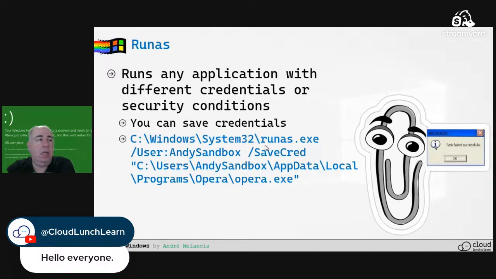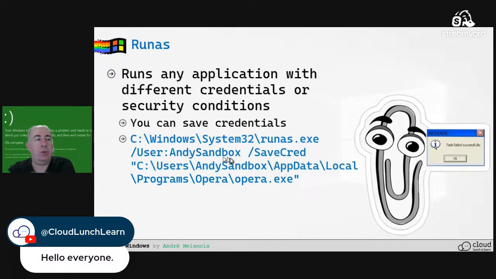As always, it's a good idea to put the full path, because if you don't, and you have something else in the path before called runas, you're going to execute that one first, and that could be something trashy. So you always put the full path there, especially if you are running Windows things that require elevation. Otherwise it's going to be complicated.